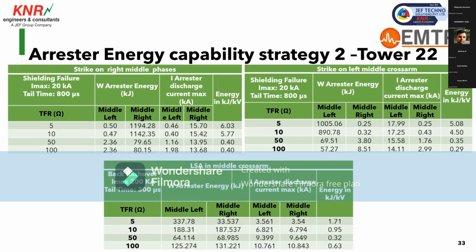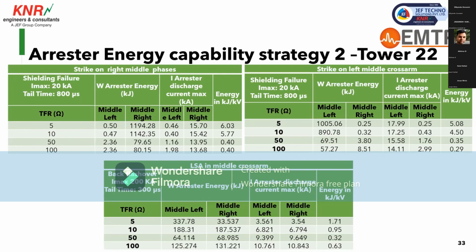Similarly, for back flashover, we inject the maximum probable current of 200 kA, and to get 40 coulombs we adjust the tail time to 300 microseconds. In this way, we inject 40 coulombs of charge into the arrestor, observe the discharge current and energy, and take the maximum of these to select the energy requirement.